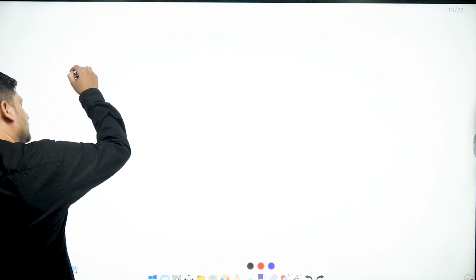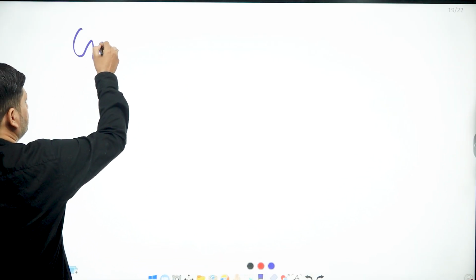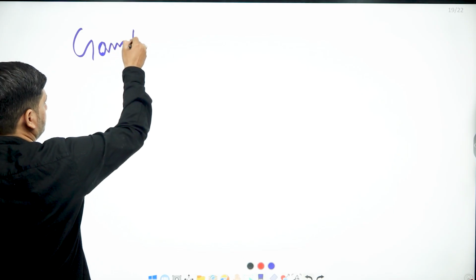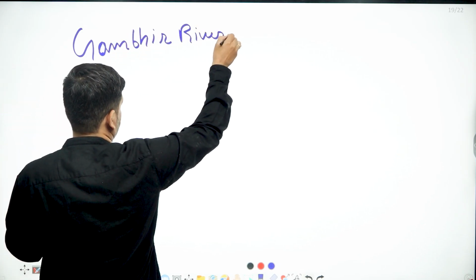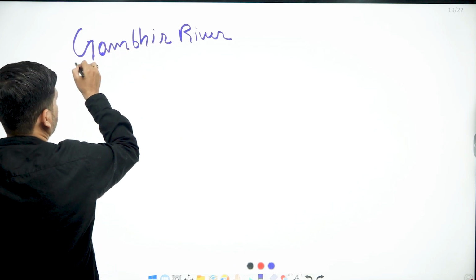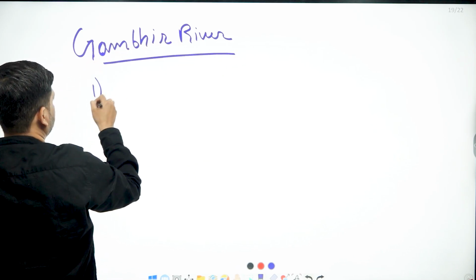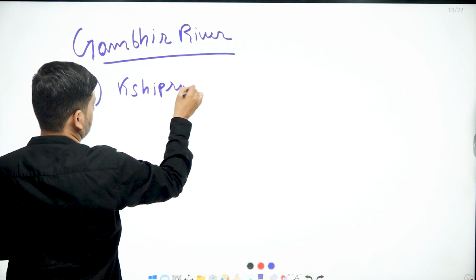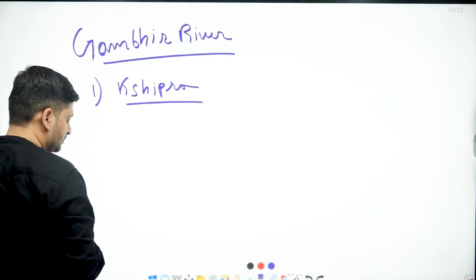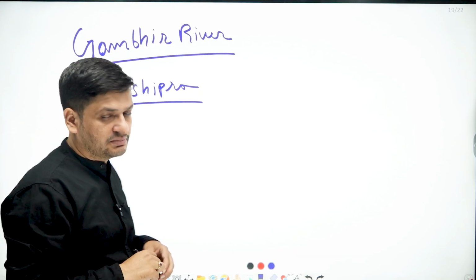the Gambhir River is a tributary of Shipra River, which further merges into the Chambal River.